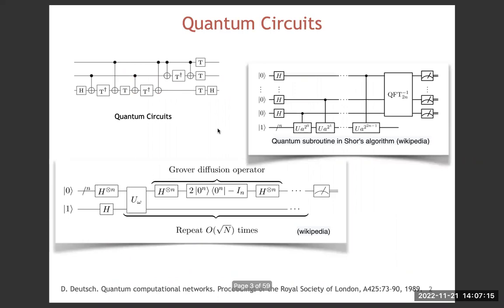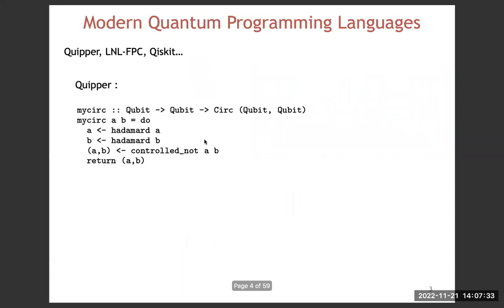If you have a look at Wikipedia, you will see that there are quantum circuits for describing Shor's algorithm or Grover's algorithm. So for this high-level description of quantum algorithms, we use quantum circuits.